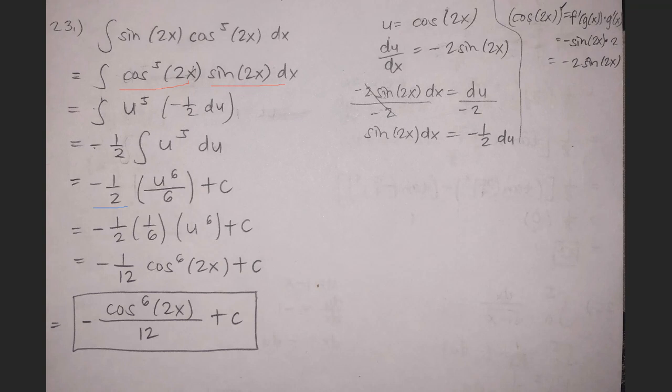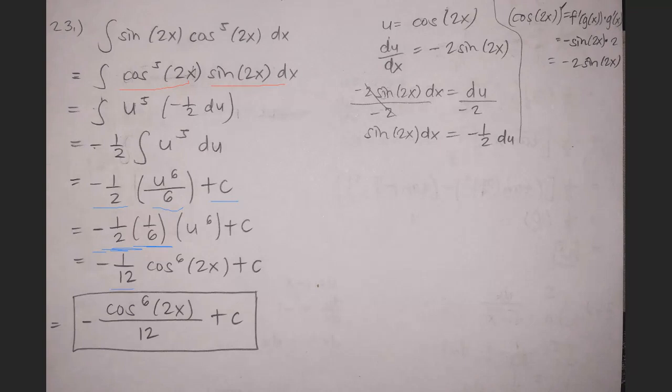I took out negative 1/2 since it is a constant, and then found the antiderivative of u to the fifth power using the power rule for integration. And then we add the c since it is an indefinite integral. And then in this step, I took out 1/6 and multiplied by the 2 and found negative 1/2.